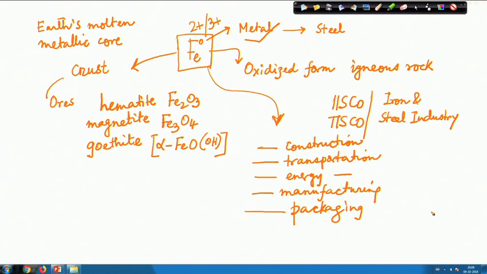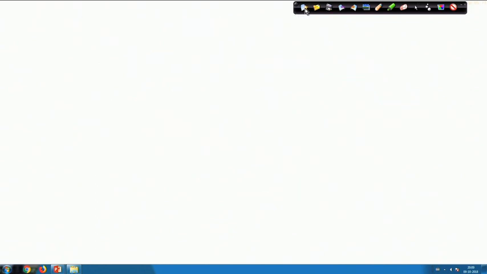So, this utilization of iron can give us some idea of how different metallic ions or free metals can be useful for our purpose as bulk constituents for industry.